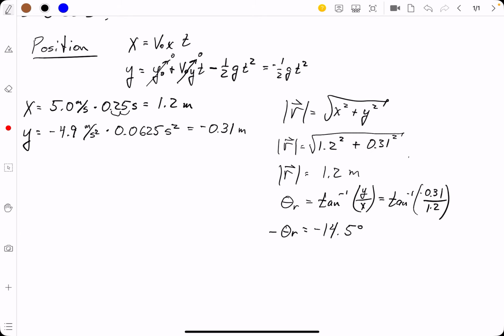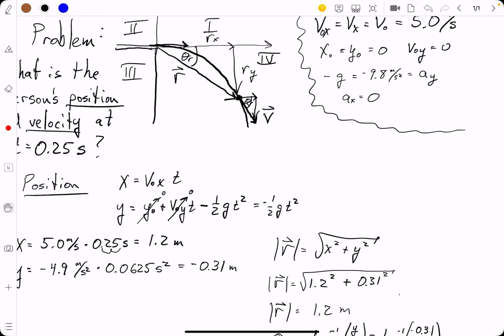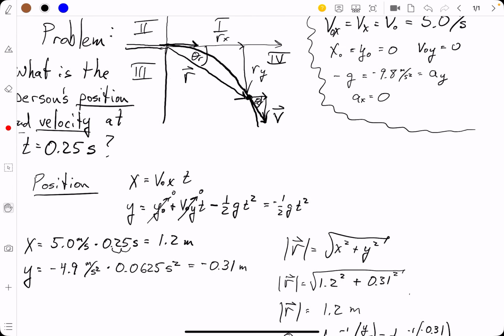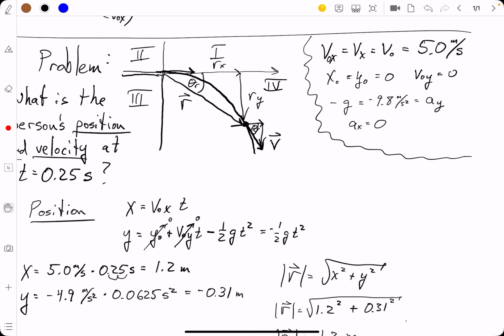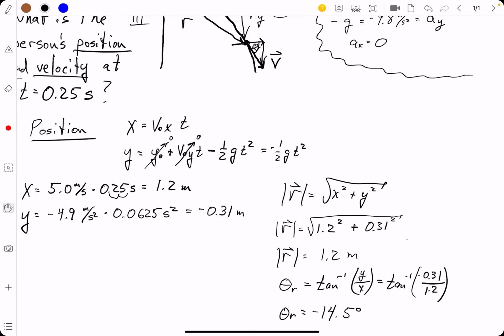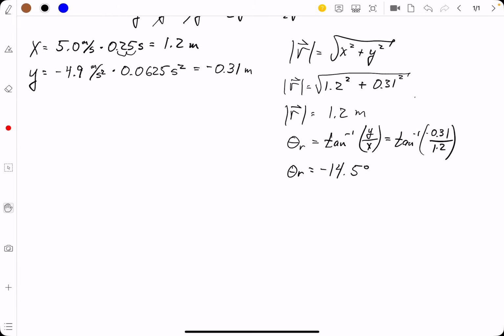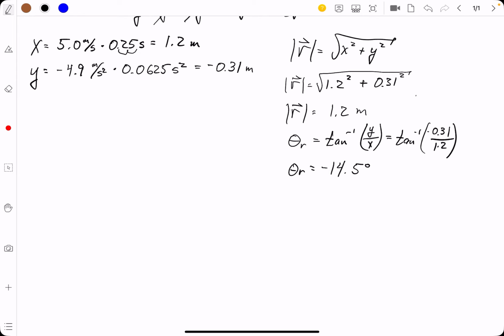I'm going to delete this negative, because theta r is theta r, but it happens to be negative, and that's true, right? We know that theta r happens to be negative because we're in this quadrant, so it has to be negative with respect to the x-axis. It points down.